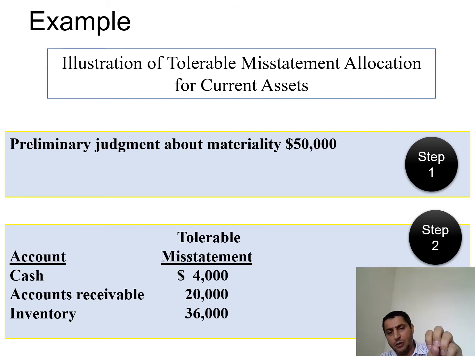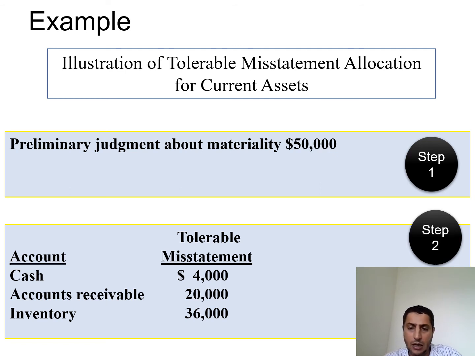The allocation is affected by the size or volume of this account compared to the total current assets, as well as the riskiness, or the expectation of errors. The last one is the cost of auditing that particular account.